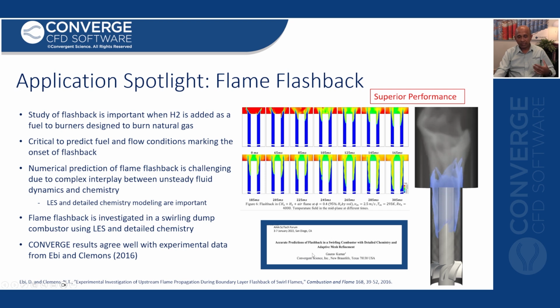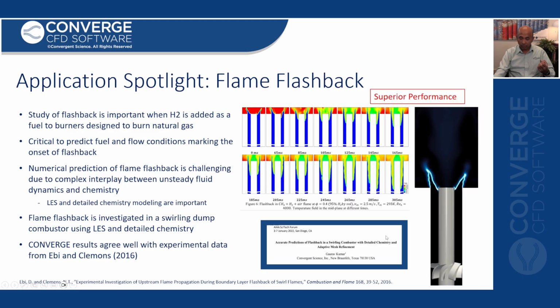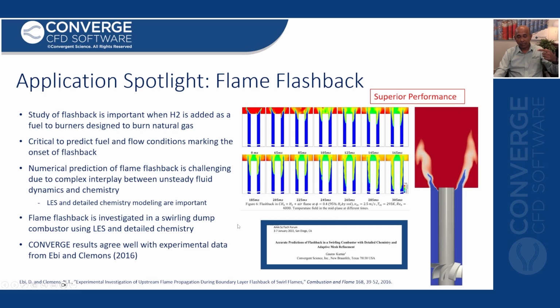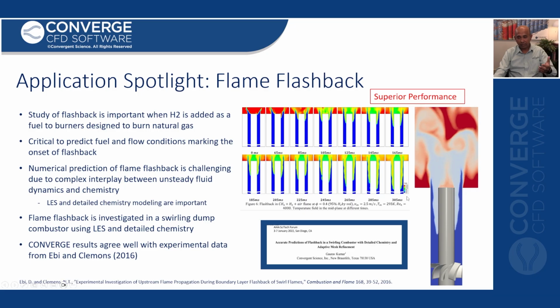And if you use detailed chemistry with adaptive mesh refinement, you can predict that. Now, what is the goal, importance of this? If you have a tool that can predict this, now you can come up with mitigation strategies, and you can design those mitigation strategies with an accurate tool like Converge.